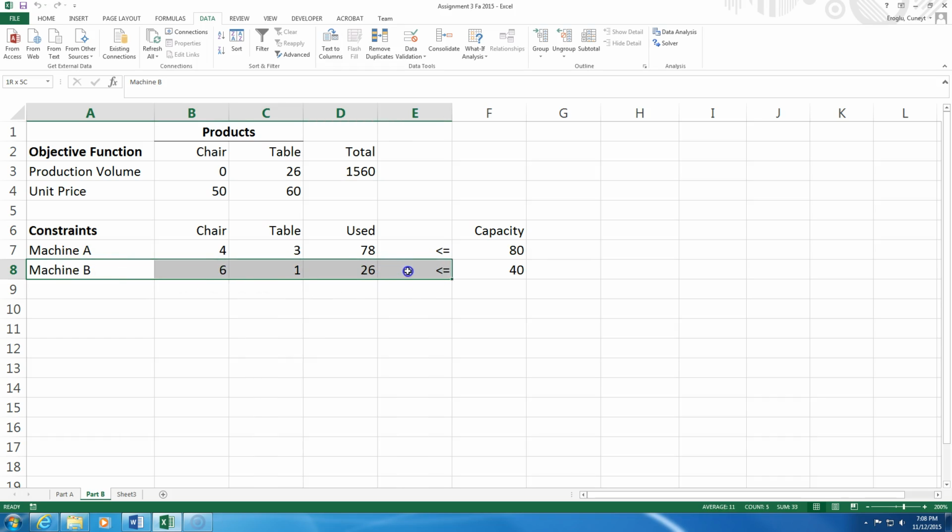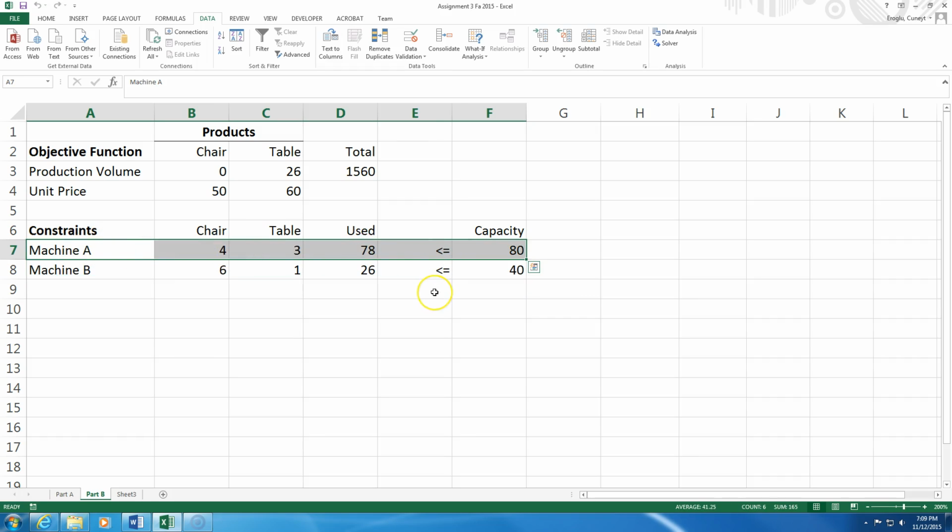For machine B, we still have some slack, but again, machine A is our binding constraint. So if we bought a second machine A, we could have an additional $780. So we would be willing to pay up to $780 for buying a second machine A.